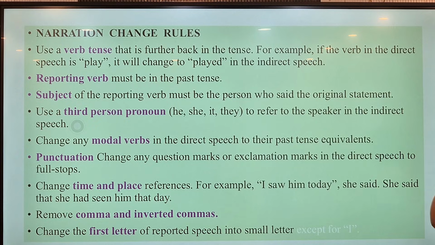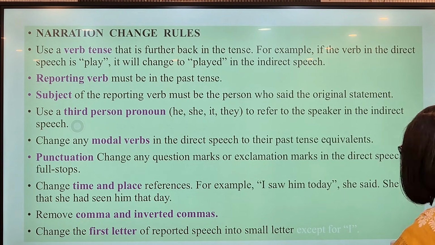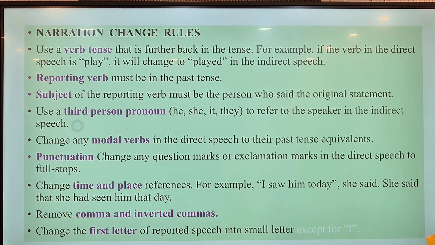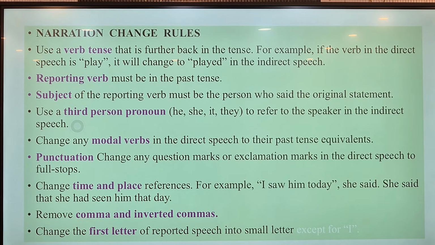So here are the rules illustrated, whatever I have told. Use a verb tense that is further back in the tense. For example, if the verb in the direct speech is play, it will be changed to played in the indirect speech. Reporting verb must be in the past tense. Subject of the reporting verb must be the person who said the original statement.